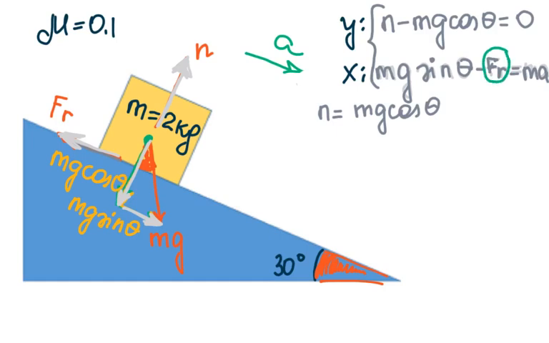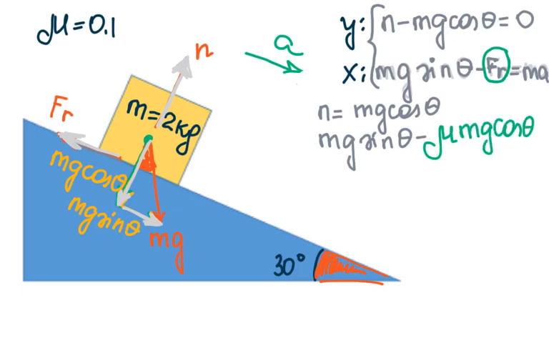So I'm gonna rewrite as mg sine theta minus, and instead of writing friction, it's mu times N, but N is equal to mg cosine theta, and all of this is equal to ma.